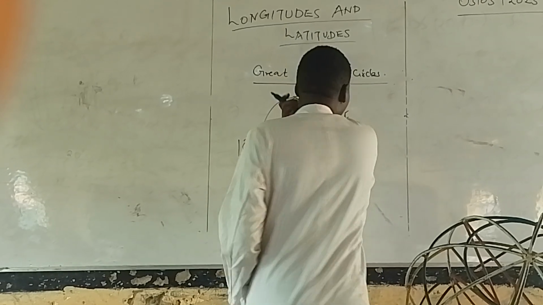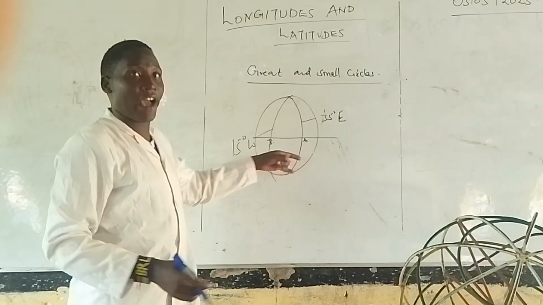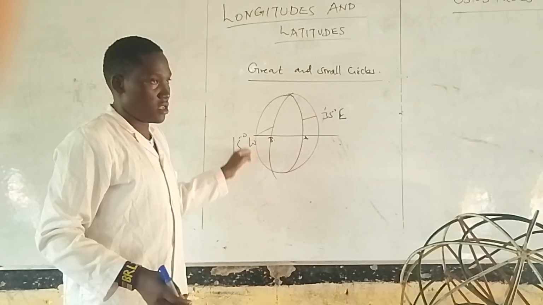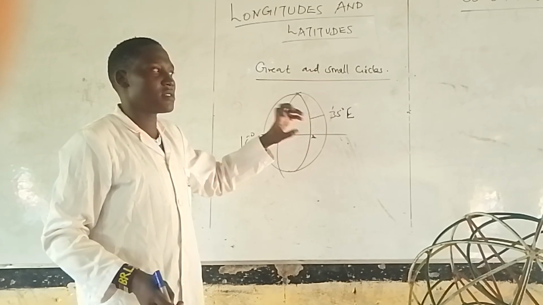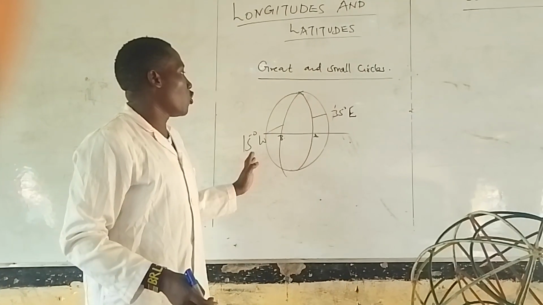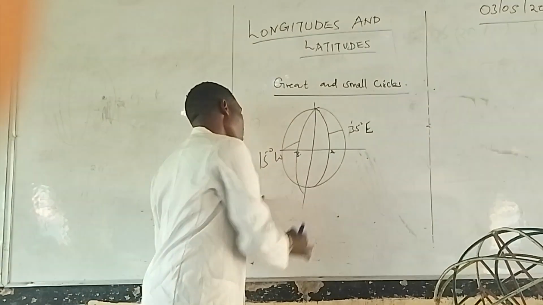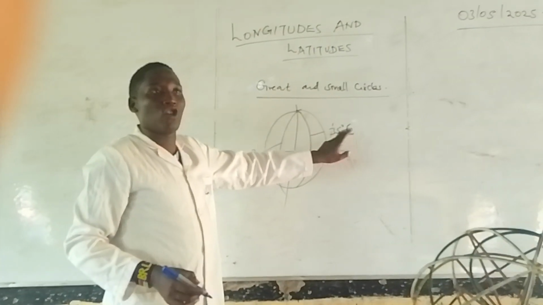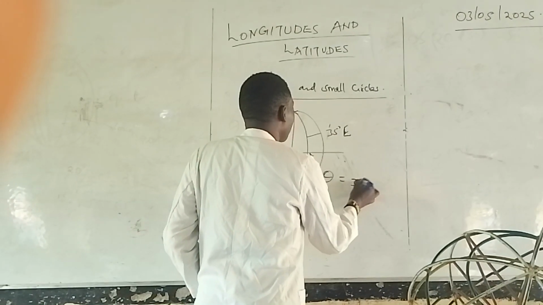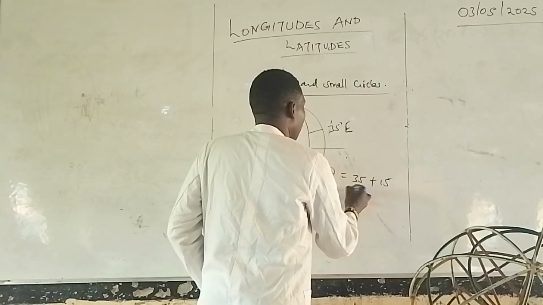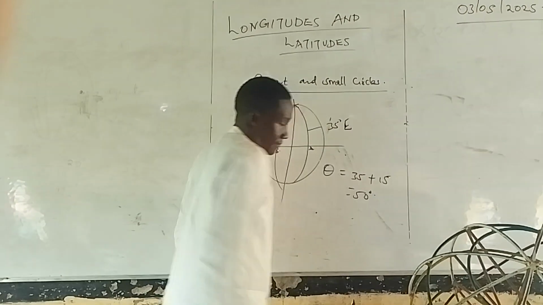So if I want to get the angle between point A and B, it is going to be the angle difference of this longitude. The longitudes are given in degrees west and degrees east. Because this one is past the Greenwich meridian, I'm going to add. They are not on the same side. So the angle theta is going to be 35 plus 15, which is 50 degrees.